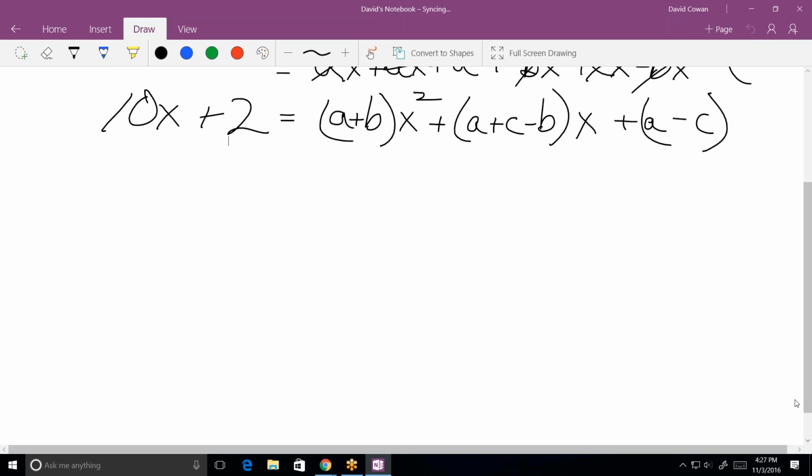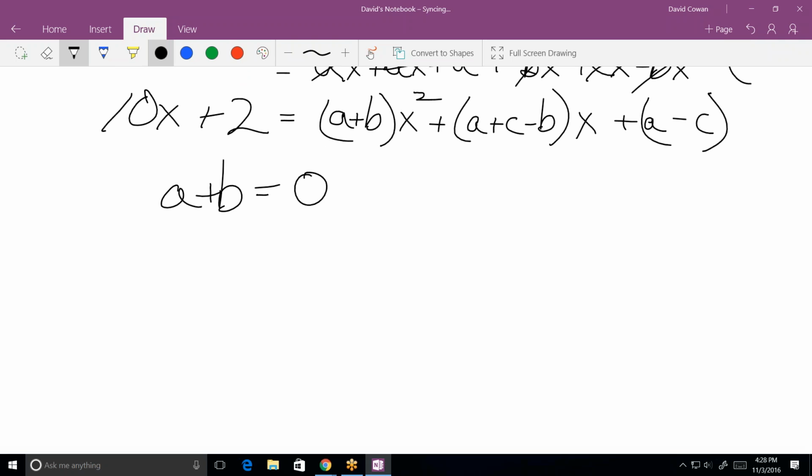You set a plus b equal to 0. This is like figuring out the little equations. Right, exactly. What we're doing here is called equating coefficients. In other words, there's an x squared term on the left, but its coefficient is 0.